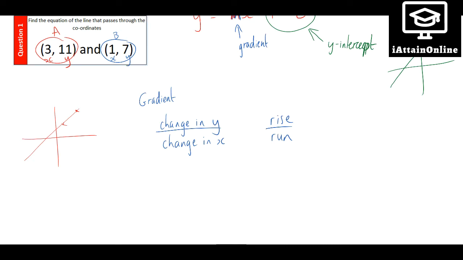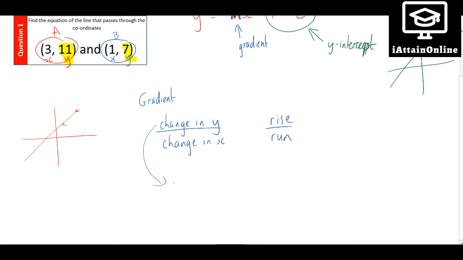So we're interested to start with in the y's. Now, whichever one you start with, you need to start with that one to work out both the change in y and the change in x. So the change in y, I'm going to start with my A value.